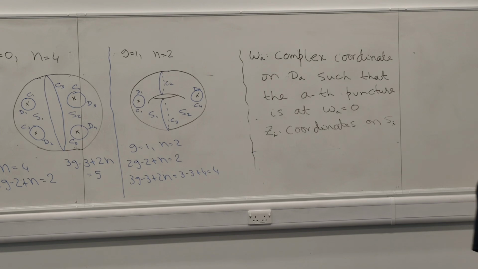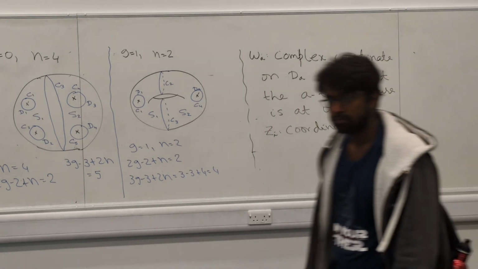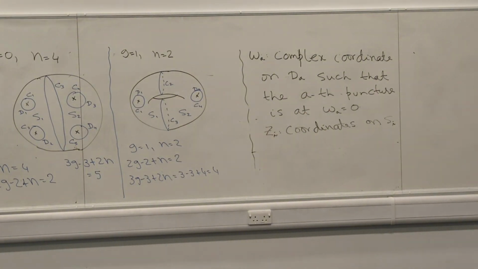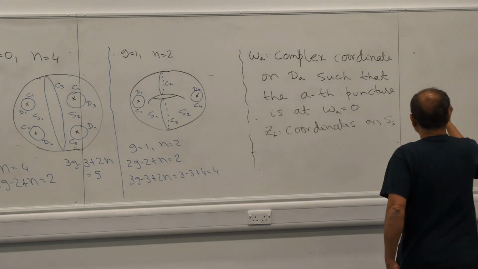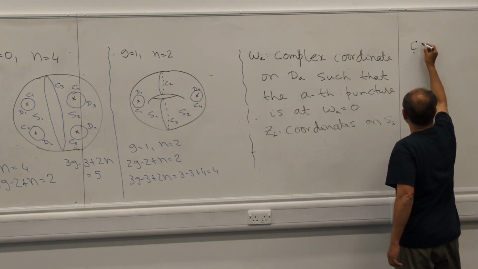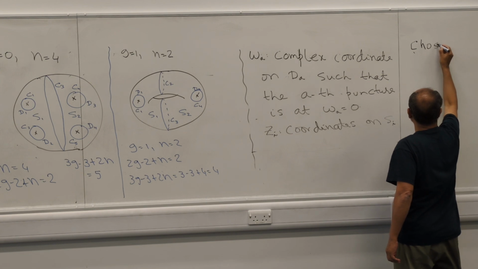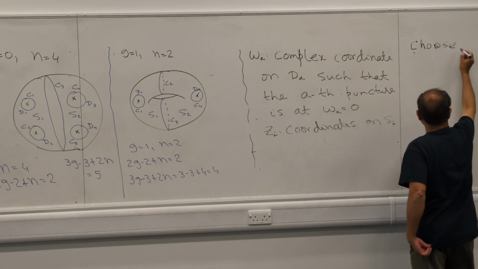So we'll choose some orientation on the circles. It's arbitrary, up to us. Choose some orientation on CS. These can be independently chosen on each circle.